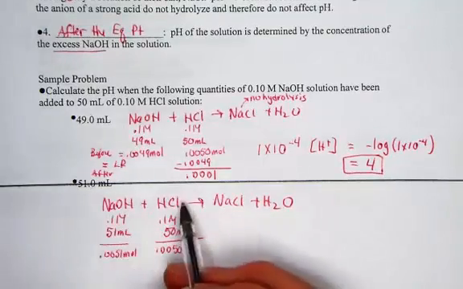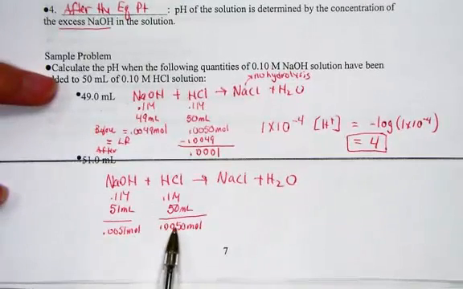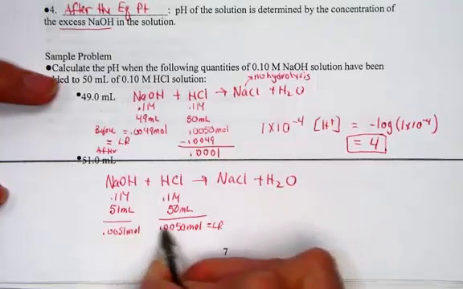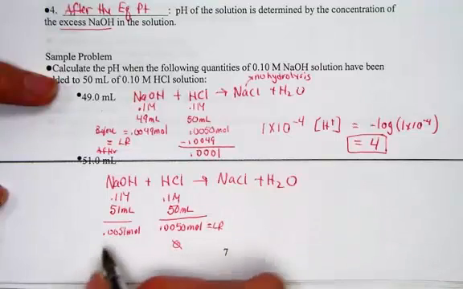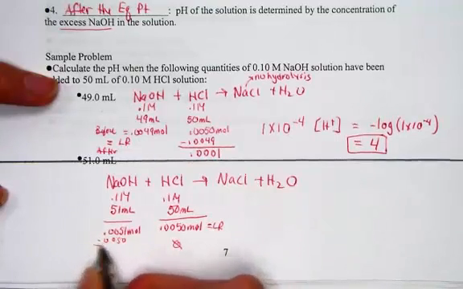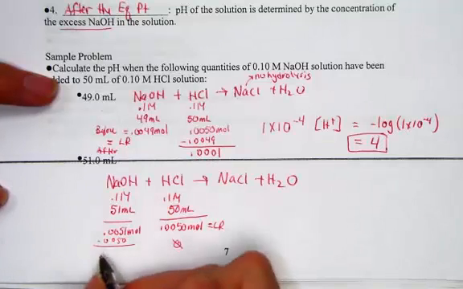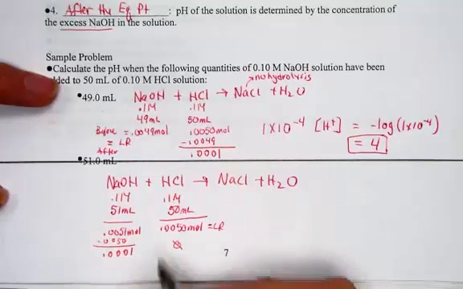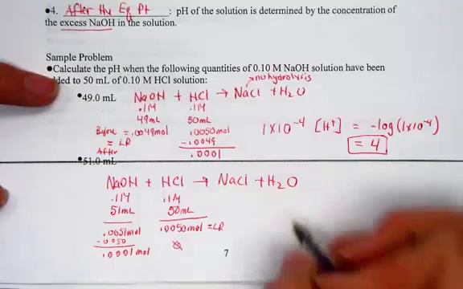Perfect ratio is 1 to 1. Now I'm considering a new scenario. It's the acid that is the limiting reagent. It is the smaller of the two numbers. So after the reaction, it's gone. And along the way, it's used up 0.0050 moles of the base, leaving us 0.0001, or 1 times 10 to the negative fourth moles of excess base.